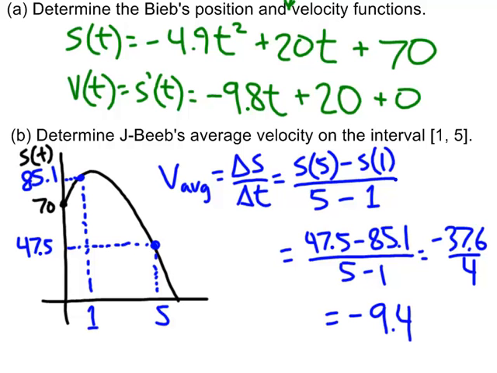And again, what are the units here? This is average velocity, so this was meters per second. Conceptually, do you see where that is on the graph? Where do we see negative 9.4? It is the slope of this line right here, the secant line that goes through those two points. That has a slope of negative 9.4 meters per second.